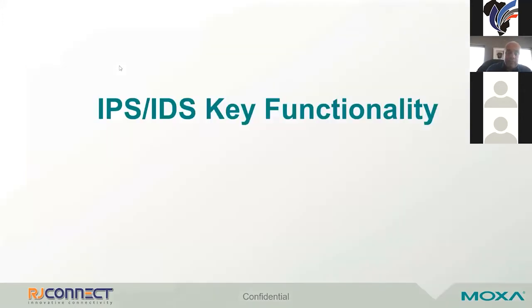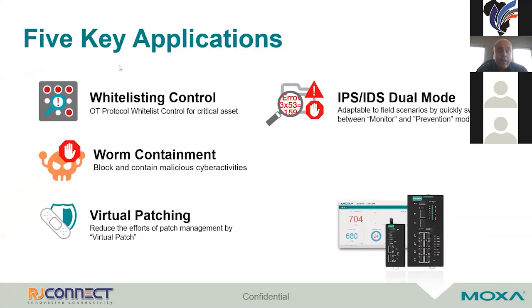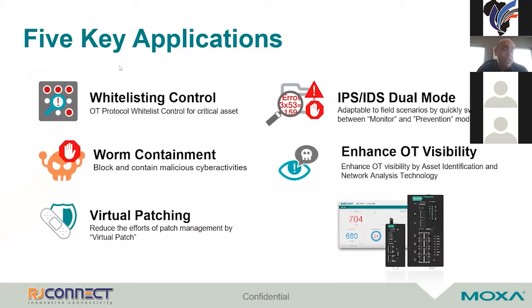Let's discuss IPS and IDS functionality now and how it actually works. There are 5 key applications when it comes to these technologies. The one is whitelisting control. We'll go into detail on all these steps. The next is worm containment.